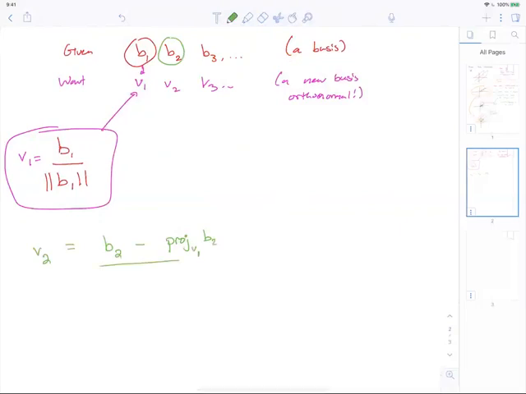And then we divided by the norm of this. So if this was step 1, then dividing out was step 2.